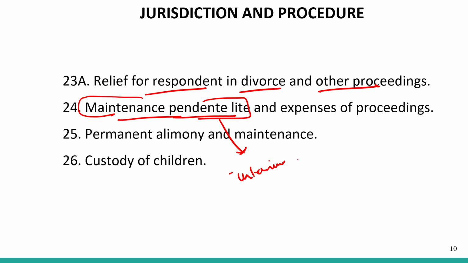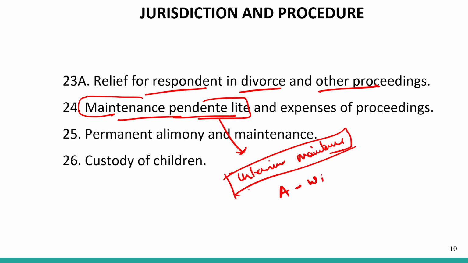Interim maintenance means maintenance during the pendency of the case. So if somebody has filed a case of divorce, then obviously a person, let's take an example, there is a person A. Okay, A is wife and B is husband.